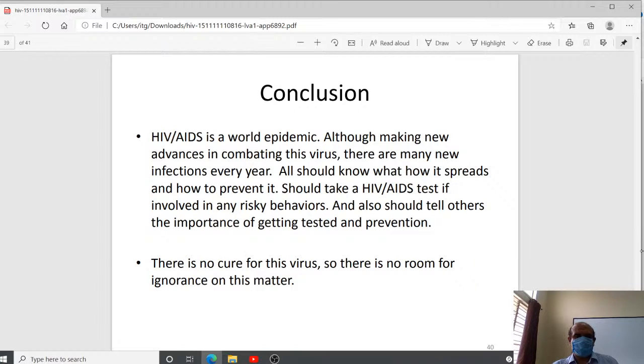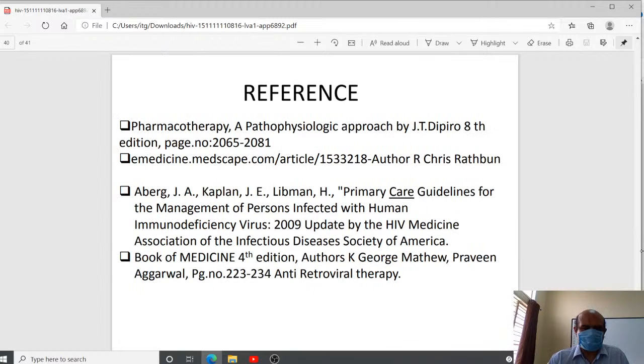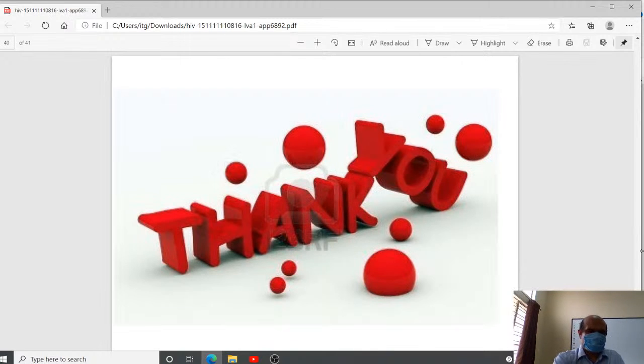All should know how it spreads and how to prevent it. One should take an HIV/AIDS test if involved in any risky behaviors, and also tell others the importance of getting tested and prevention. There is no cure for this virus, so there is no room for ignorance on this matter.